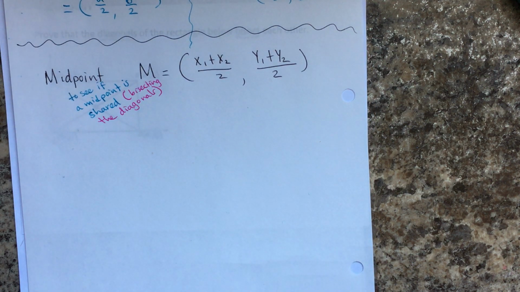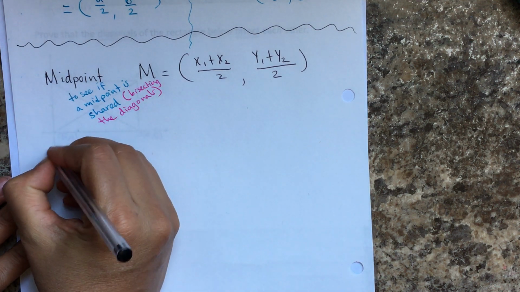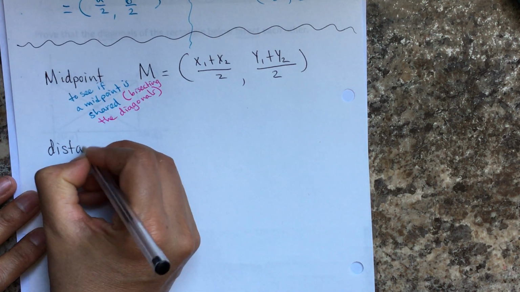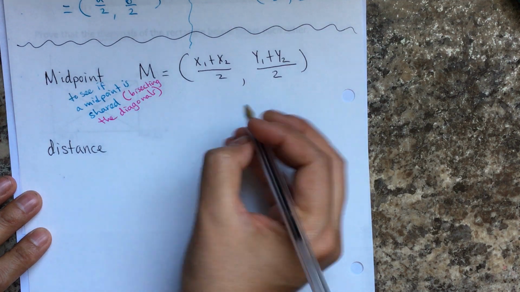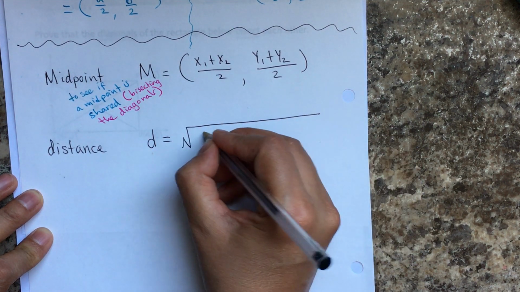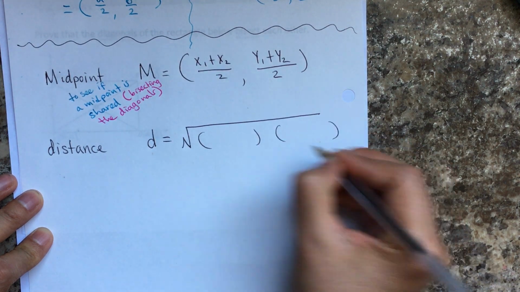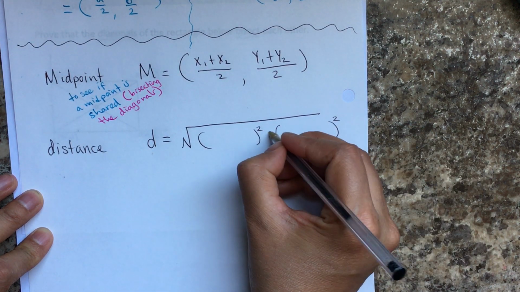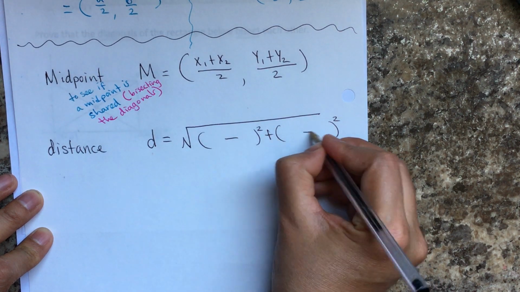In the previous lessons, we also learned the distance formula. And so it was d equals the square root of, remember we put the two parentheses with the 2's in there, and then a minus and a minus.